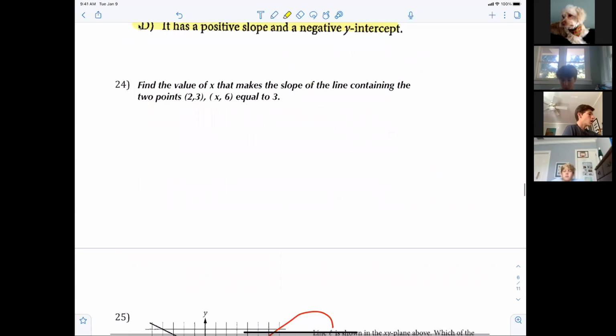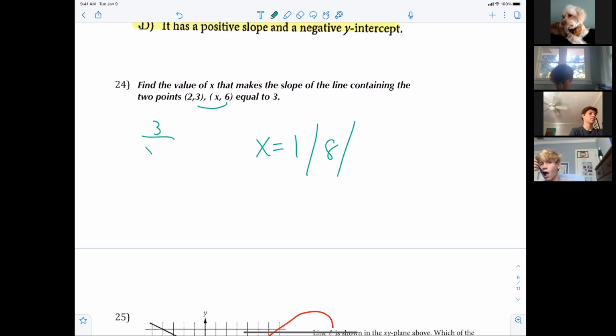All right, 24. Find the value of x that makes the slope of the line containing the 2 points equal to 3. All right, what does x equal here, guys? X equals what? Somebody said 1. Somebody said 8. Anybody else? Brady, I want to make sure I hear you. What's the answer to this one? 1. Okay, I don't want you to come back changing your answer again. All right, because we do what? 6 minus 3. What's that? Over x minus 2 equals 3, right? Everybody good with that?